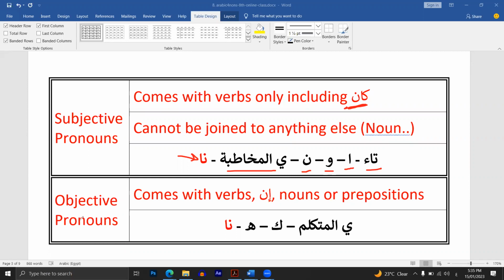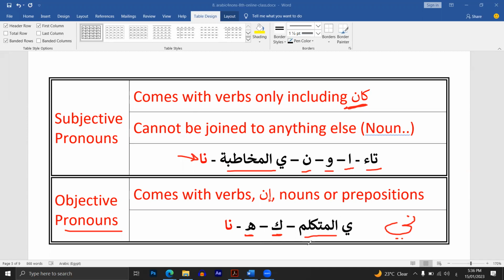And second, the objective pronouns. We have three: ياء المتكلم, which will show up as ni, ساعدني يساعدني. Okay. كاف الخطاب for second persons, and هاء الغائب for third persons.